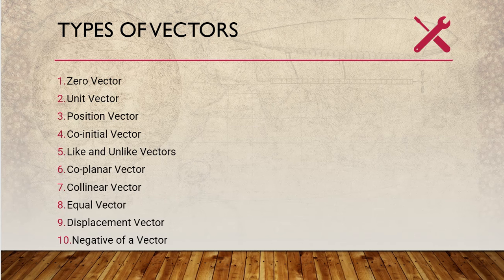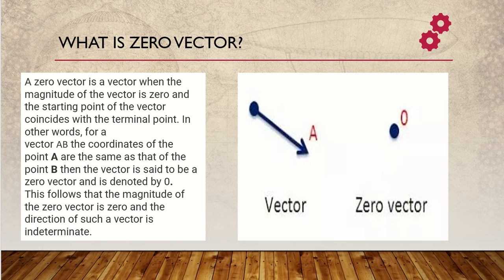The first vector is a zero vector. What is a zero vector? A zero vector is a vector whose magnitude is 0 and the starting point of the vector coincides with the terminal point.